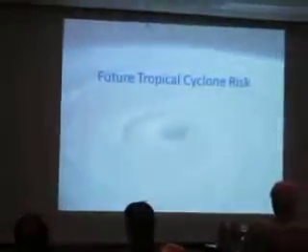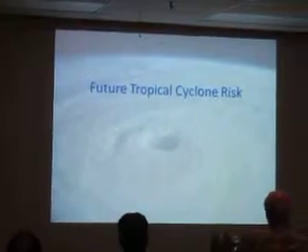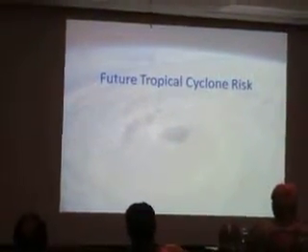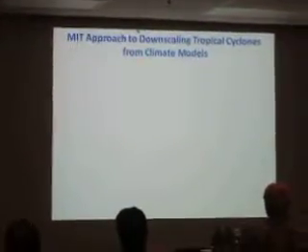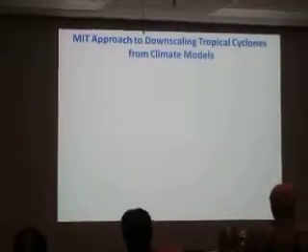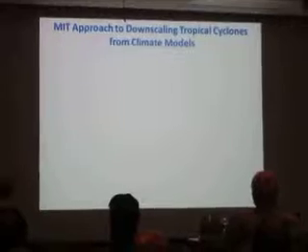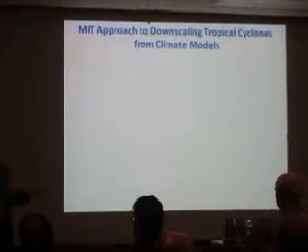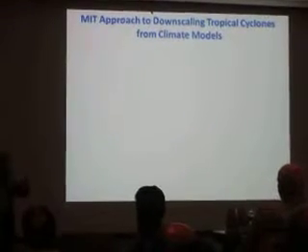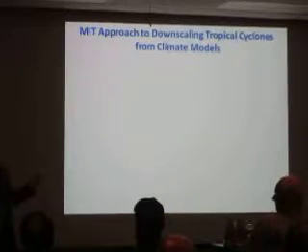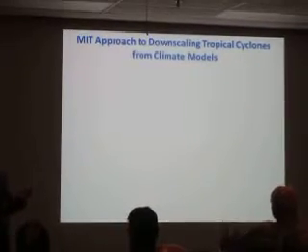All right, very quickly, because I'm running out of time, I want to talk about what we think is going on in the future. And we have an approach that was developed here at MIT to do this that starts from the fact that our global climate models are integrating on computational meshes whose points are typically 100 kilometers apart, state of the art.